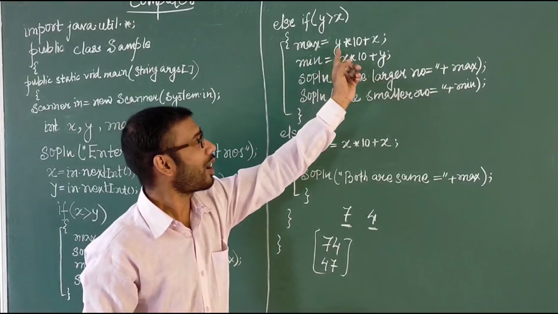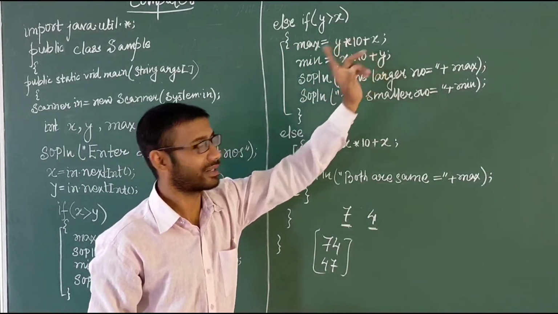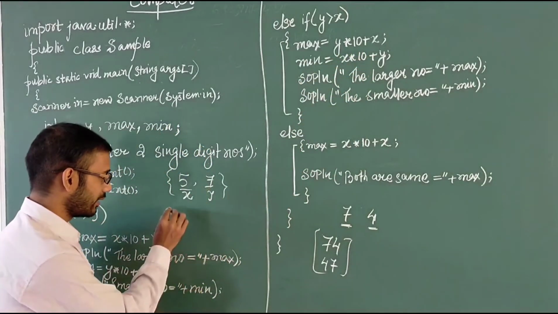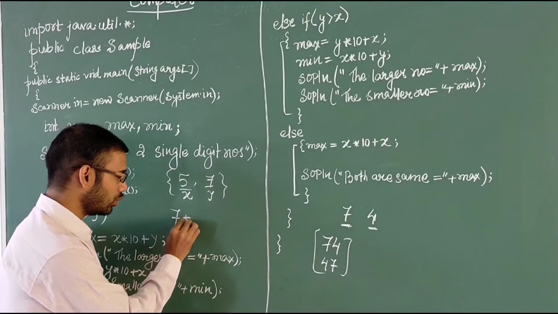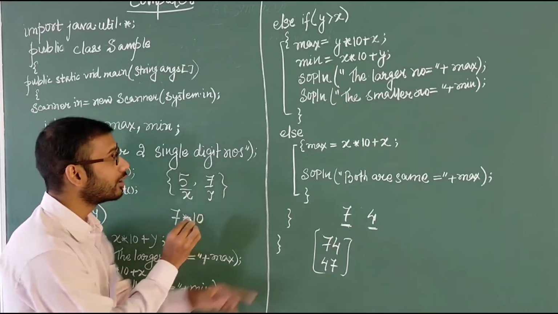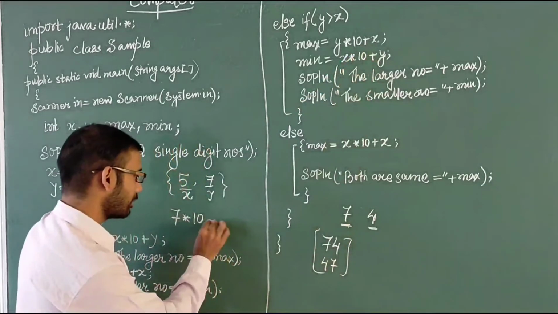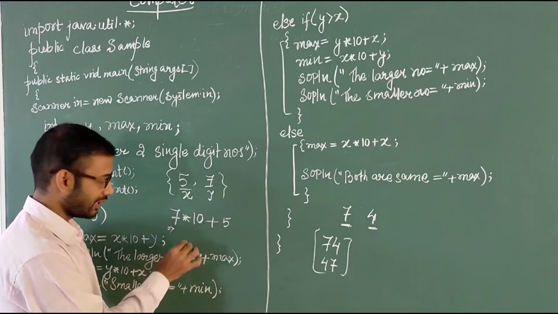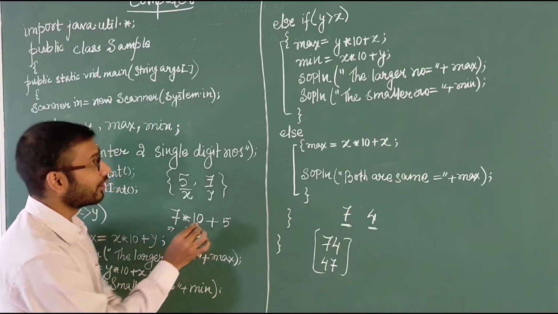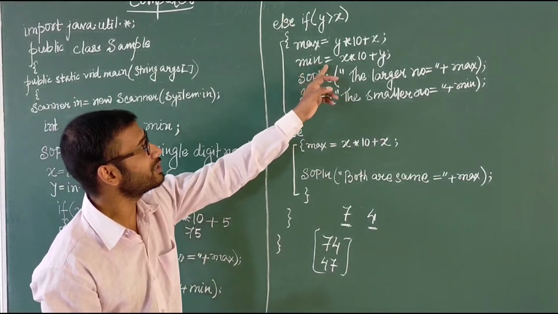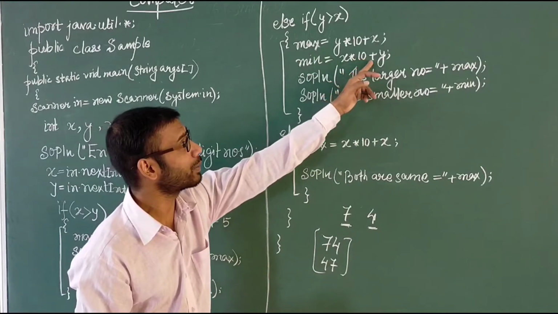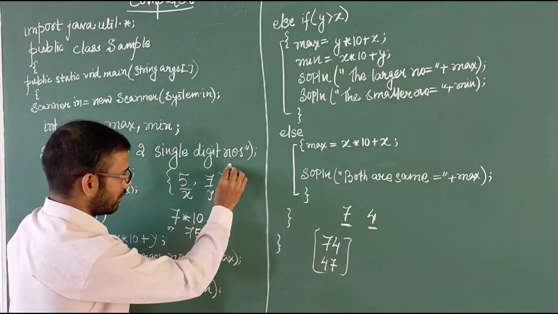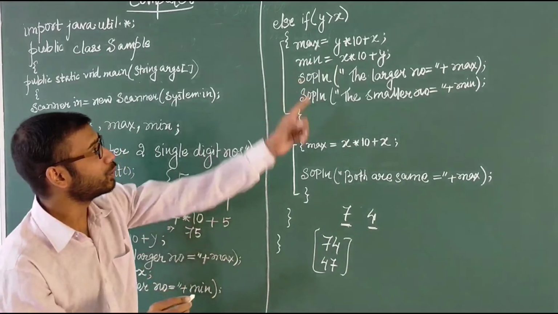max = y * 10 + x. That means what? What is the value of y? 7, into 10 plus x. How much does it become? 75. After that, min = x * 10 + y.